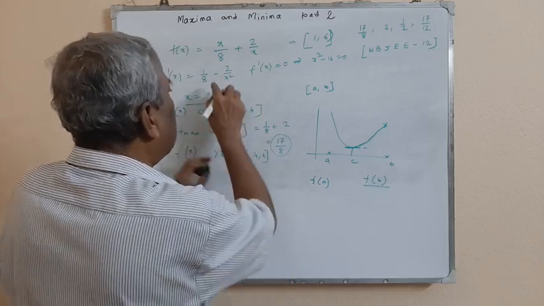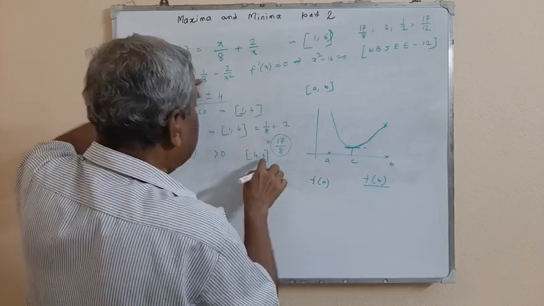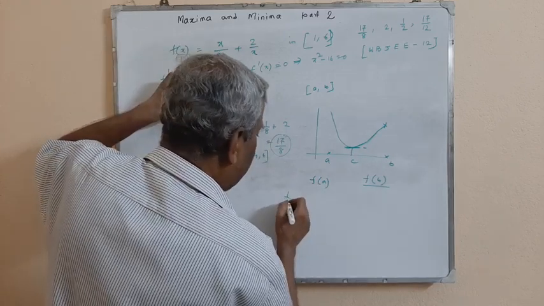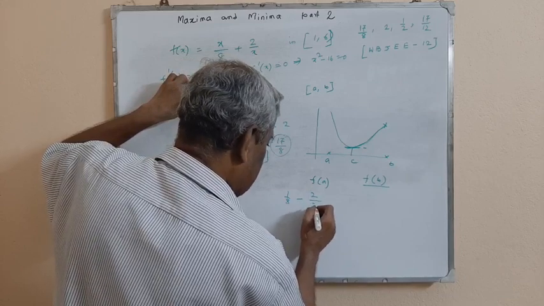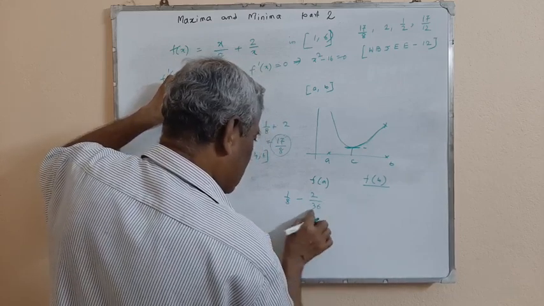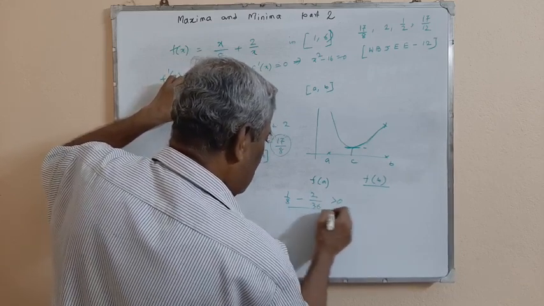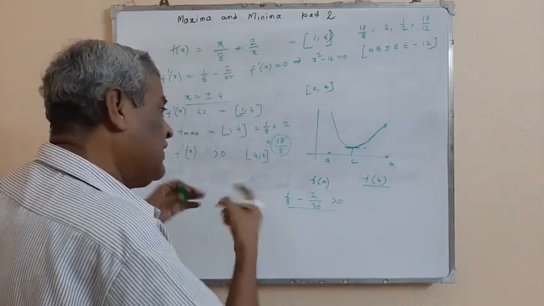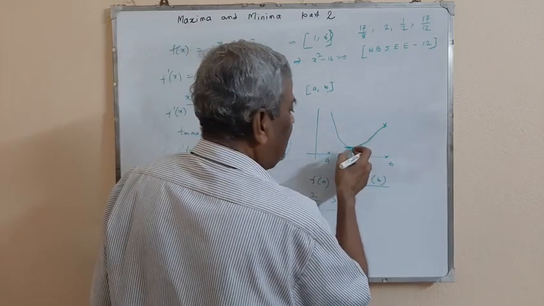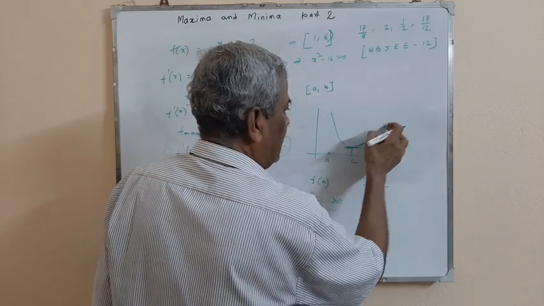Because you see, at 4 it becomes 0, and at 6, 1 by 8 minus 2 by 36 is more than 0, so it is positive over there. So it is an increasing function, and in that range it increases from this to that.